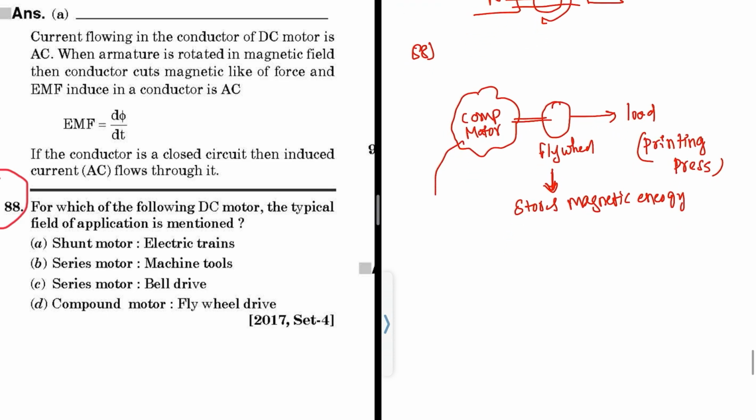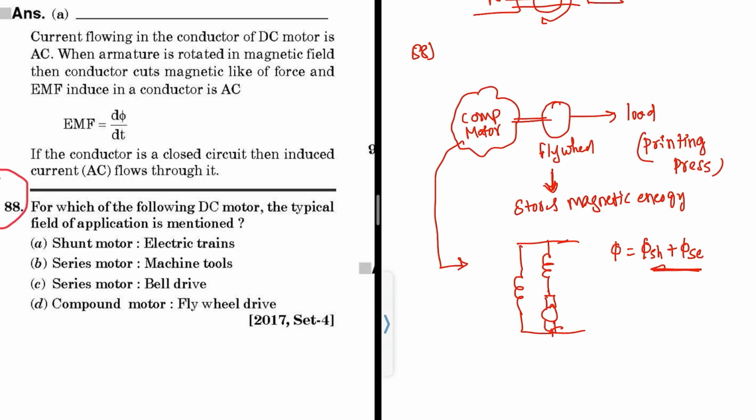Now coming to the compound motor. We will not use a differential compound motor here; we will use a cumulative compound motor. I take a long shunt cumulative compound. In cumulative compound, the series field flux and shunt field flux are added, right?